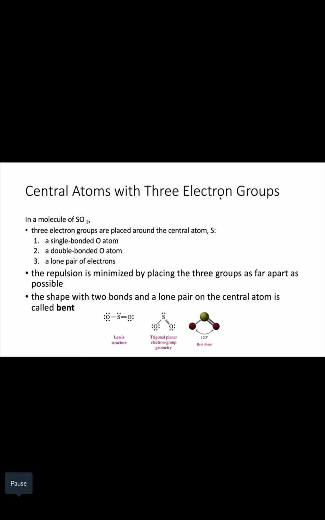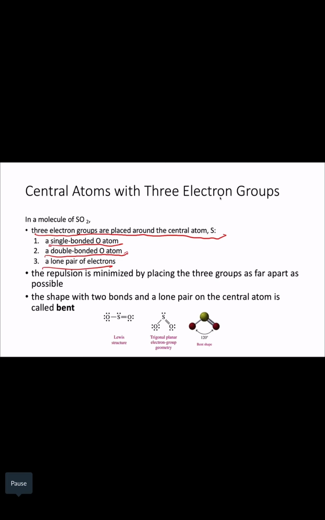Another example of trigonal planar shape, but it's going to be a little bit different. It's going to be a little interesting. It's when you place 3 groups around a sulfur. So it's going to be a single bond to the oxygen, a double bond to the oxygen, and a lone pair of electrons.